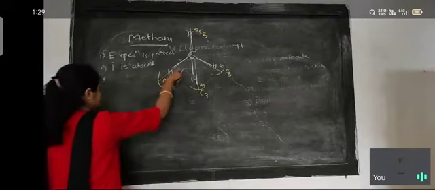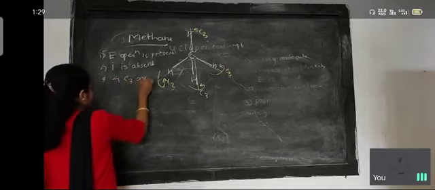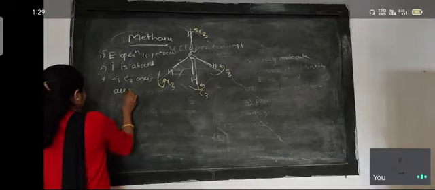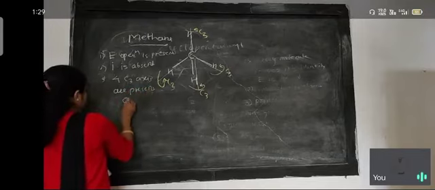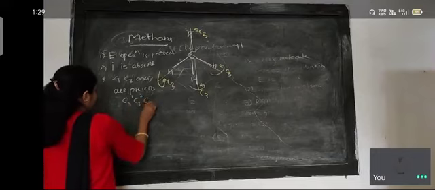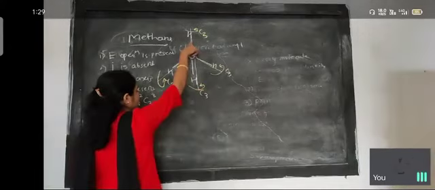Each C3 generates C3^1, C3^2, C3^3, which is equal to identity. How many C3 axes are present? 4.